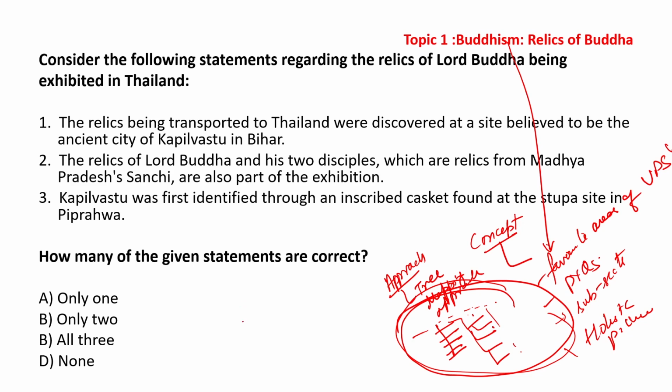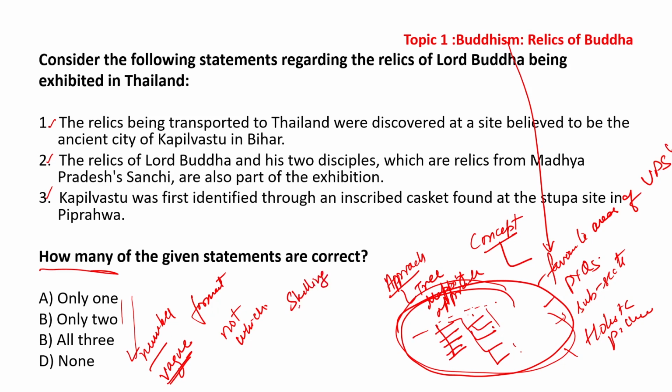As far as the format of this particular question is concerned, it is framed as how many, not which. That means it can be any of the statements. The question is not concerned with whether you deem the first statement as correct, second as correct, or third as correct. It only needs the number. And therefore, this makes it vague. Hence, the skilling needed for this is fact retention, and over that, fact correlation.